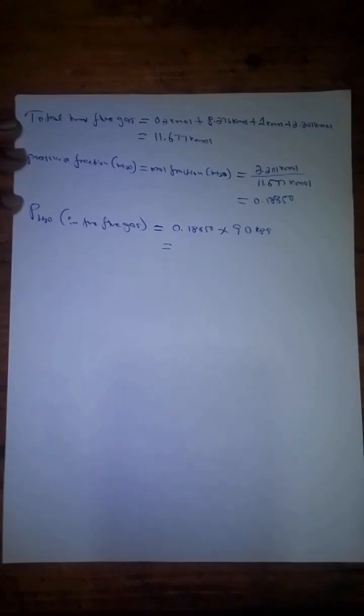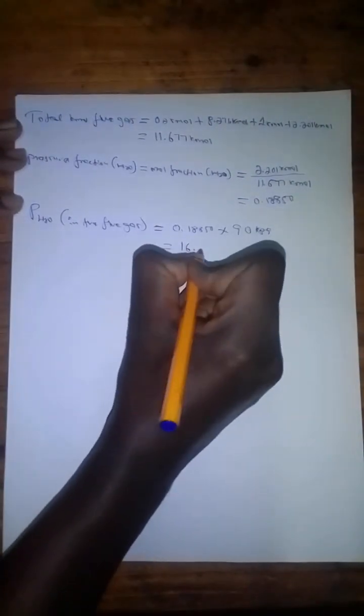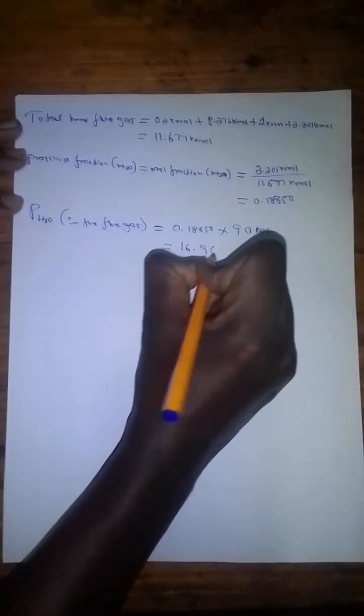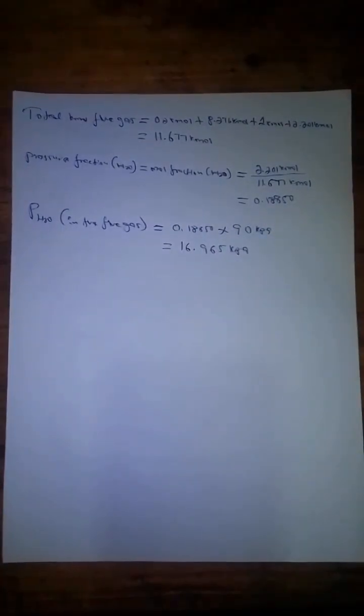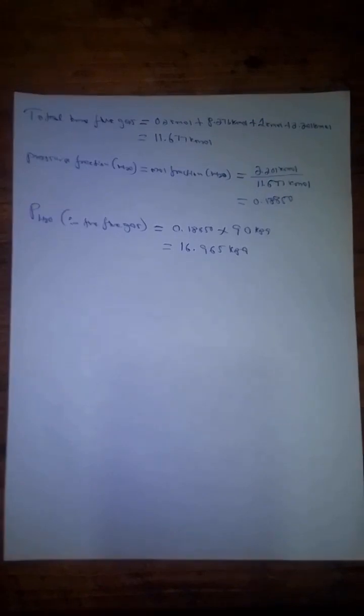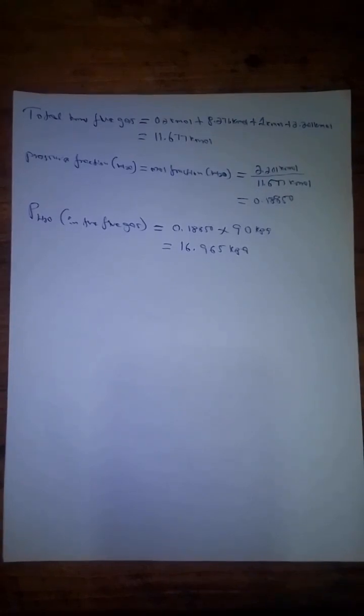And if you use your calculator, that gives you 16.965 kilopascals. So this is the partial pressure of H2O in the flue gas, and that is the dew point of the flue gas. So thank you guys for your time, and I hope we meet again in our next video.